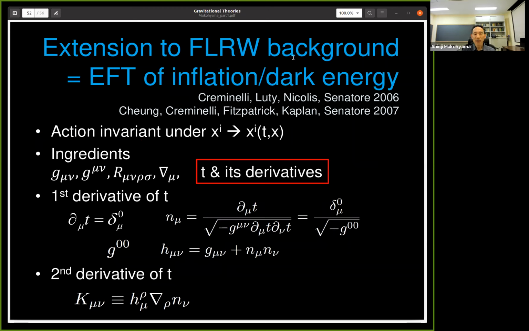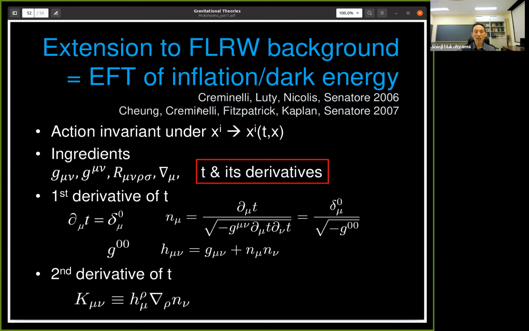And actually, this was already done by these smart people, and this is now known as the effective field theory of inflation. In the case of dark energy and the late time universe, this is known as the effective field theory of dark energy. And this EFT of inflation was adopted by the Planck team and used to constrain non-Gaussianity. I will touch on that very briefly later.